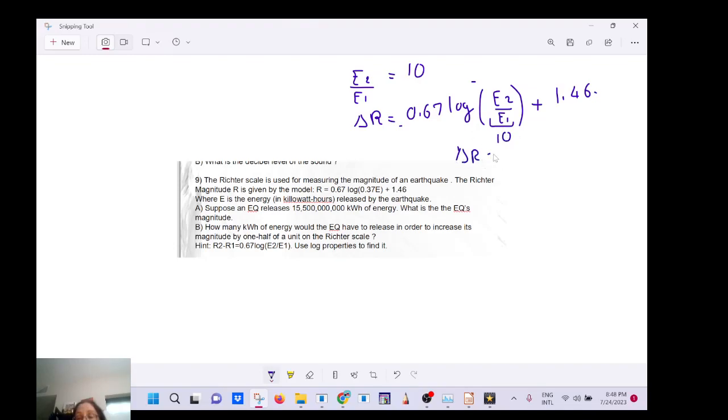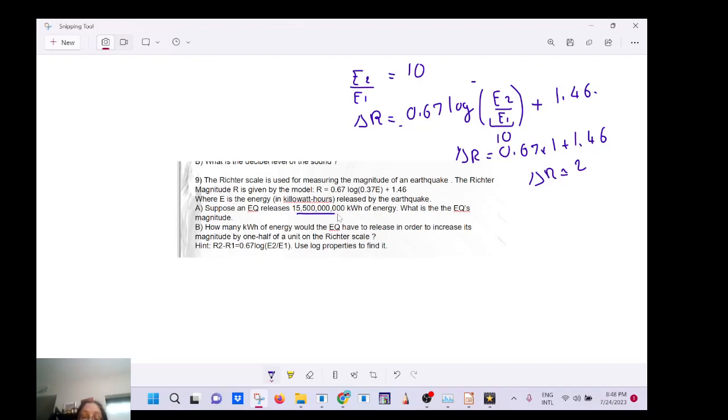So delta R equals 0.67 times 1 plus 1.46, so it's going to be about 2. That means if the energy of the earthquake is multiplied by 10, you go up by a step of about 2 on the Richter scale. So that's what it means.